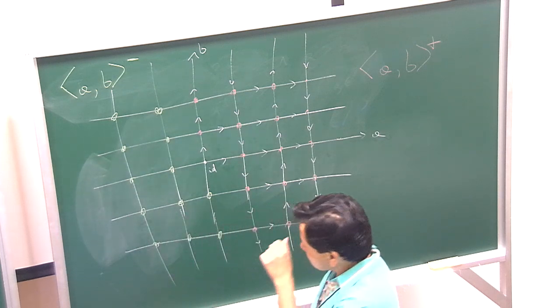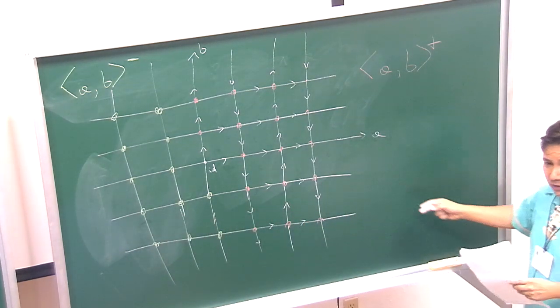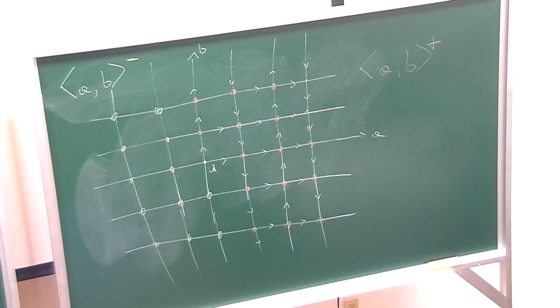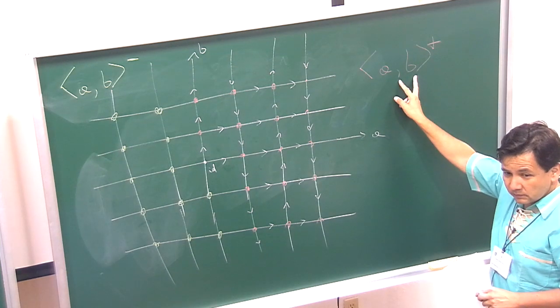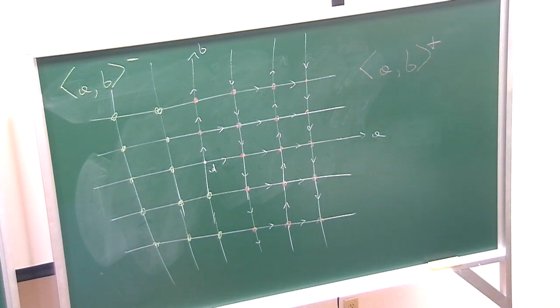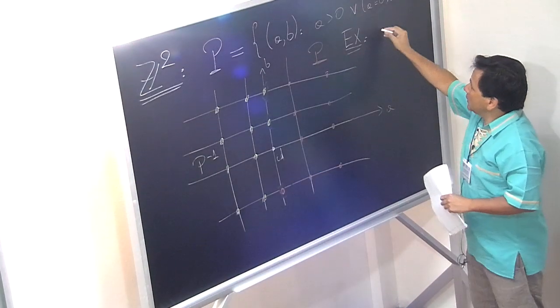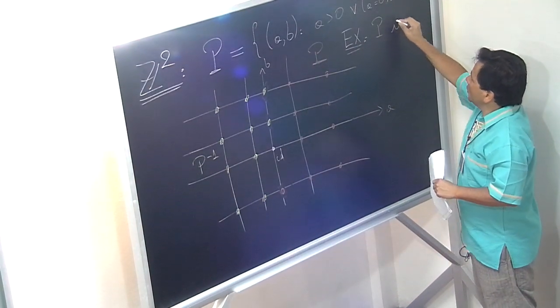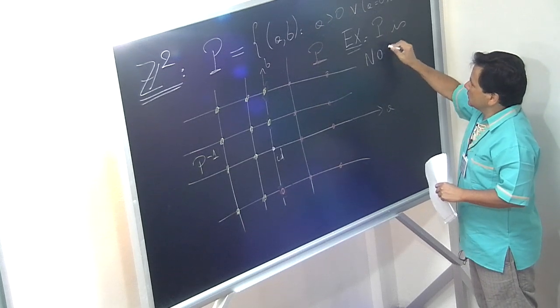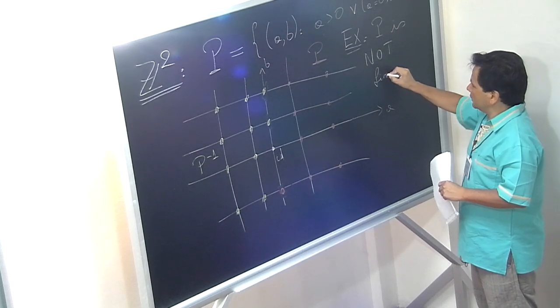Okay? And if you see, this is very close to the decomposition for the abelian group, except for one thing. Here the semigroup is generated by only 2 elements. And I leave you as an exercise to show that P is not finitely generated in this case.